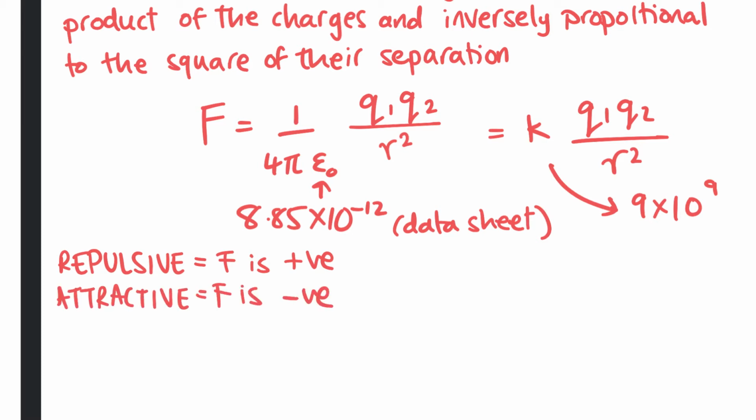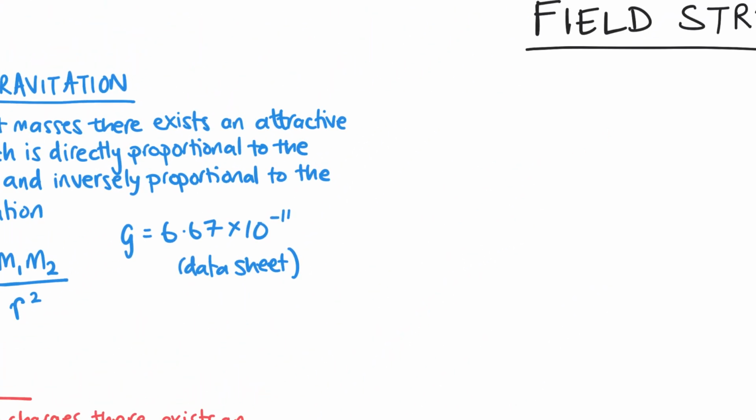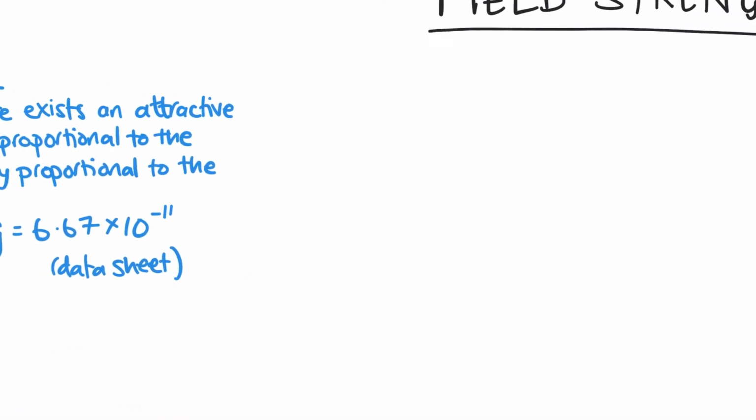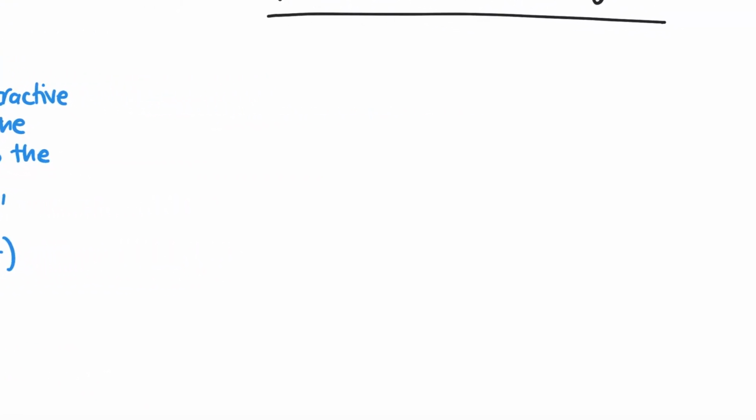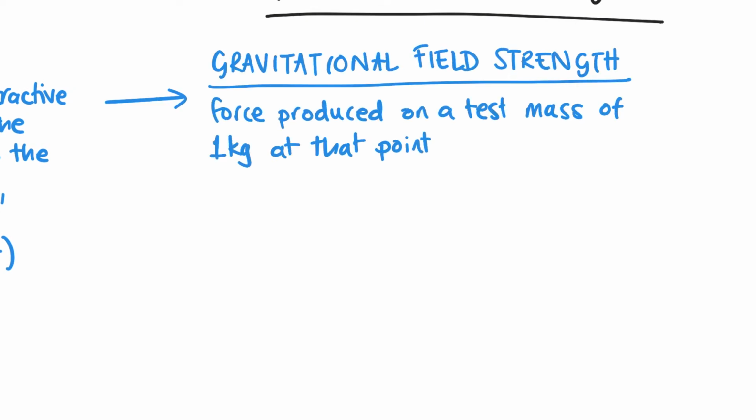Now that we've had a look at the forces, we're now going to look at field strength. So I'm going to go back to the gravitational fields here, and we're going to look at gravitational field strength. So the gravitational field strength is defined as the force that would be produced on a test mass of 1 kilogram at that point. So to put this into an equation, we define the gravitational field strength.